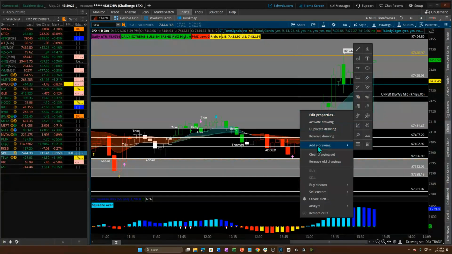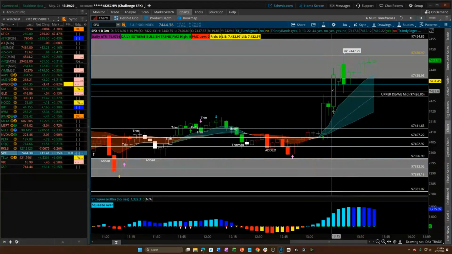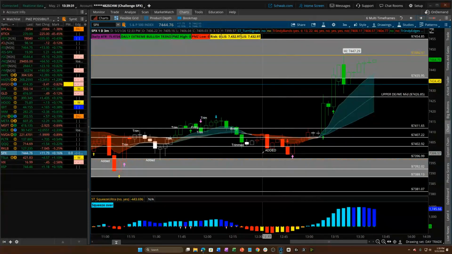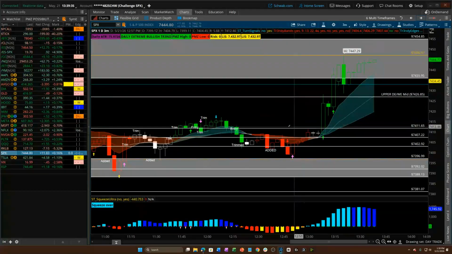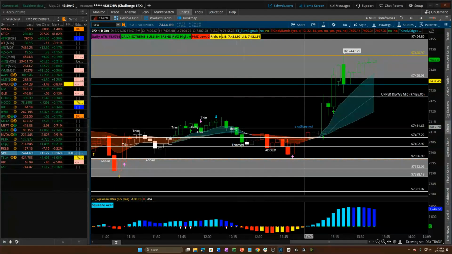Let's talk about this one. First off, I need to remove this zone, okay? Because it's gone. Price has closed above it, all of that. No reason to continue having that zone there, okay?